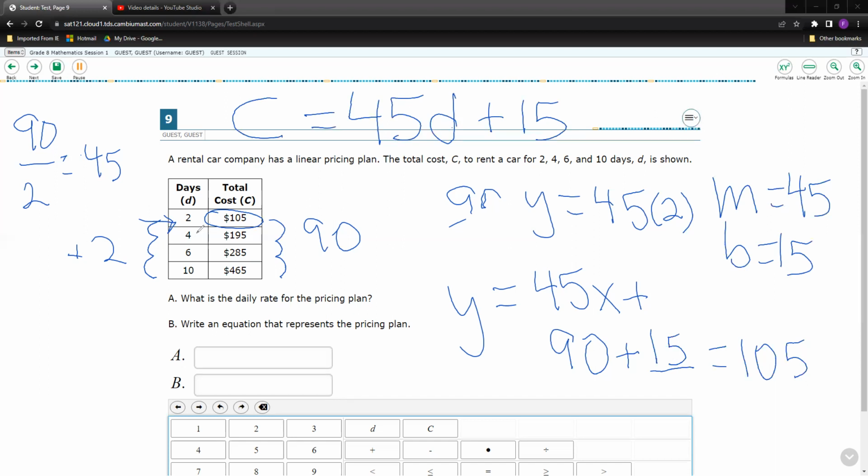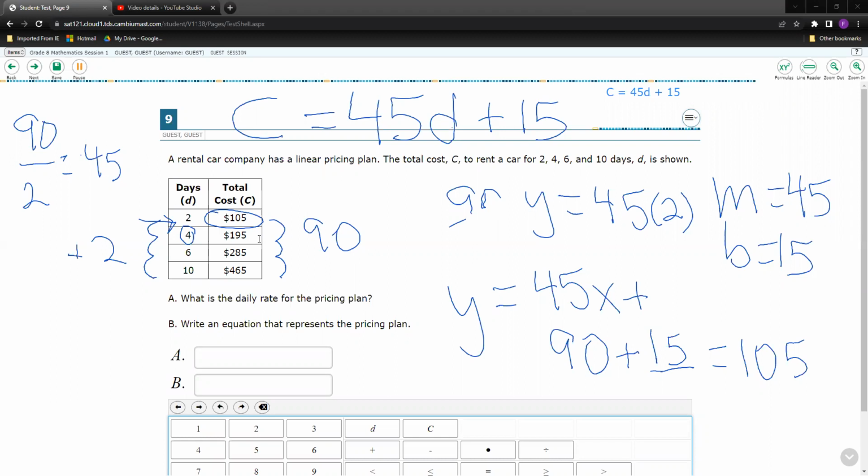Now let's just prove this. Let's check it with 4. See if I get 195 when I plug in 4 for D. I'm going to write C is equal to 45D plus 15. Now D is 4 in this case, just to make sure I get 195.